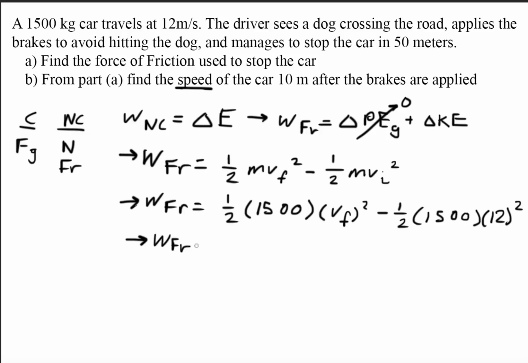The work of friction is equal to 750 times our final velocity squared minus 108,000.